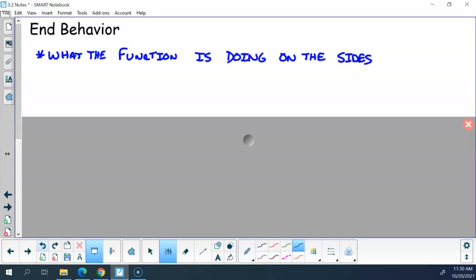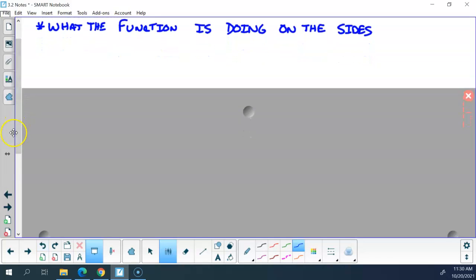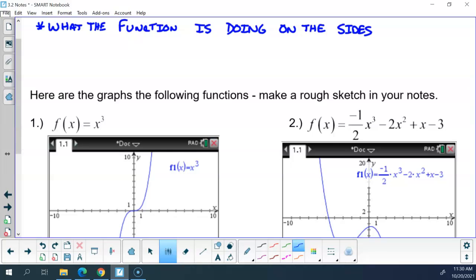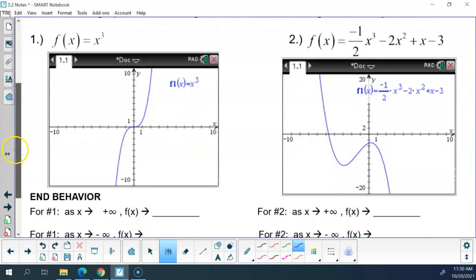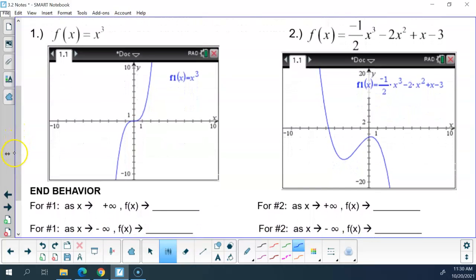I promise. So here are 2 graphs, and you can just sketch them in your notes. You don't have to necessarily graph them, but you should put the axes and then just kind of what they look like.